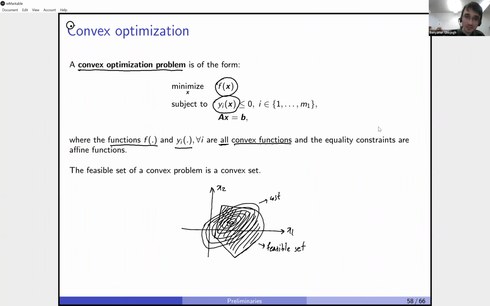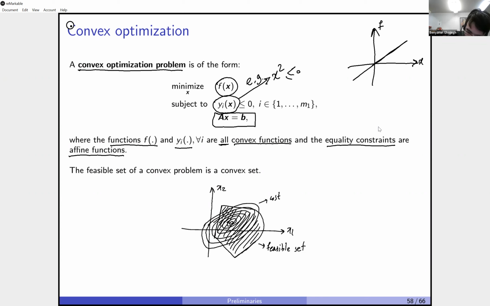As long as the objective function and the inequality constraints are convex functions, like this, a function of x, and the equality constraints are affine functions. What is affine? You can see affine as linear. So this is a linear function.